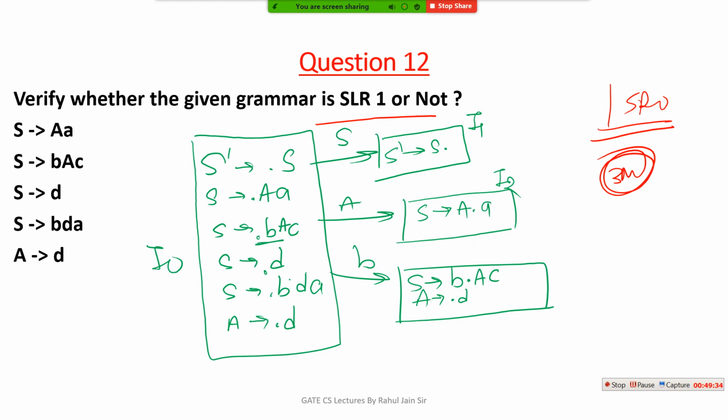So I also need to include S derives B dot D A, and I have two transitions of D, that is S derives D here and A derives D.